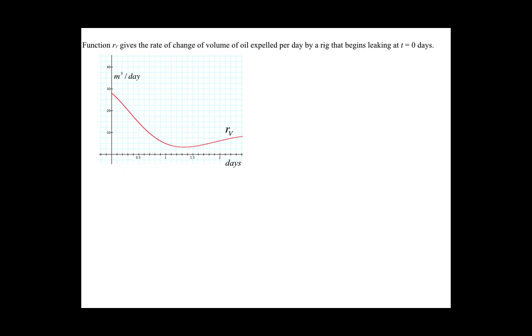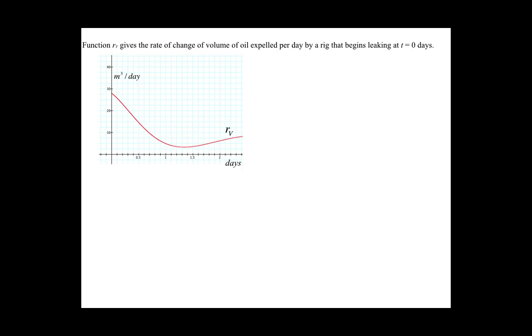If I had a graph like this going downhill in the positive first quadrant, well, first of all, this has nothing to do with graphs and mowing. This is about oil. But this is showing me a rate at which the oil is spilling, given in cubic meters per day. So the bottom scale there goes from 0 through 2.5 days.